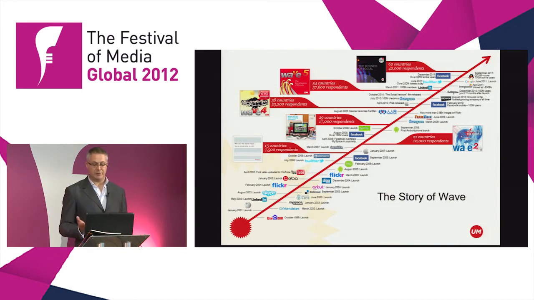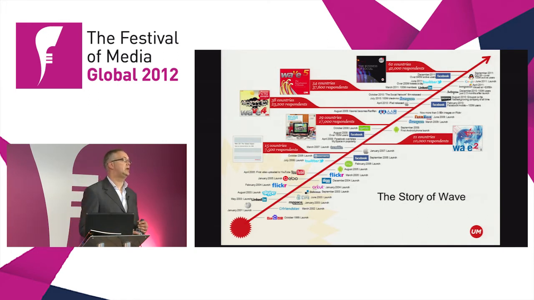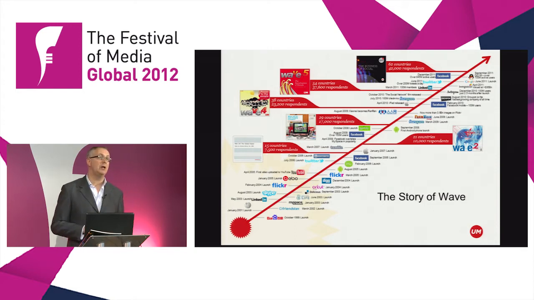Then we got into Wave 3, and here we wanted to know not just what people were doing, but what the impact of this was. We were looking at the power of word of mouth and recommendation, because on big retailer sites like Amazon.com, for any purchase that you made, you could instantly give feedback about how you felt about it.